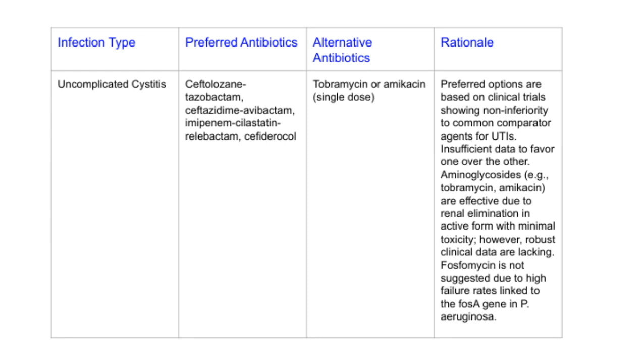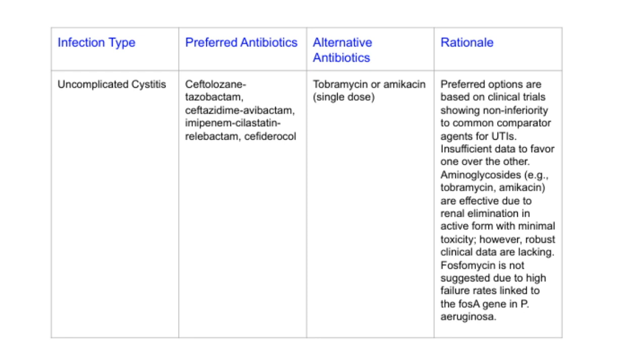It's important to note that, although these aminoglycosides are effective, there isn't a wealth of robust clinical data supporting their use specifically for cystitis, so we should keep that in mind. Lastly, fosfomycin, which you might hear about in some cases, isn't recommended here due to high failure rates. This is because of the presence of the fosA gene in Pseudomonas aeruginosa, which confers resistance and diminishes its effectiveness.